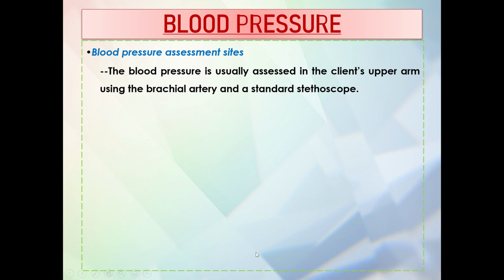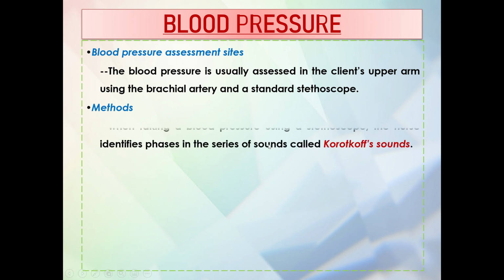Okay, so blood pressure assessment sites. The blood pressure is usually assessed in the client's upper arm, using the brachial artery and a standard stethoscope. So as a nurse, definitely dapat sanay ka kung paano gamitin yung stethoscope in getting the blood pressure. When taking a blood pressure using a stethoscope, the nurse identifies the phases in a series of sounds called the Korotkoff's sounds.